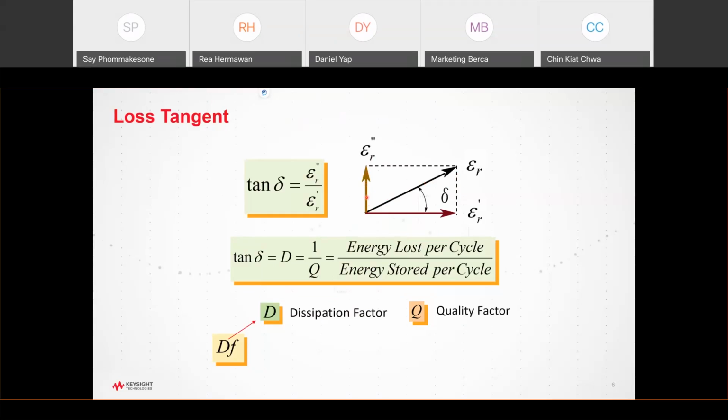If you remember your background math, this is called the tangent of the angle, which is where tan delta comes from, and it is also equal to 1 over the Q factor. Some people call it tan delta, loss tangent, dissipation factor, or DF, all meaning the same thing.